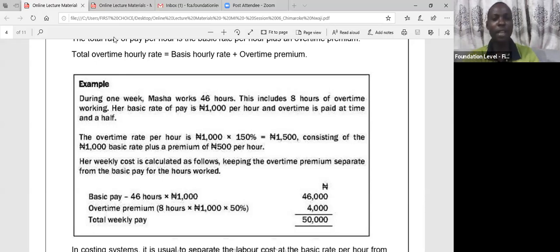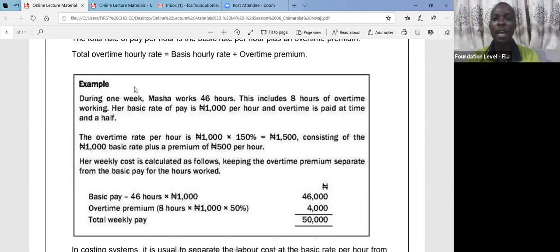But the question here is, which one is direct cost, which is indirect cost? All the working period is used for the production. So the whole 46 hours is directly used on the product. And so you have to charge it at the normal basic pay of 1,000 naira to get your direct cost. And so for the remaining 8 hours, inclusive in the 46 hours, you have to find just the premium and treat it as indirect cost.